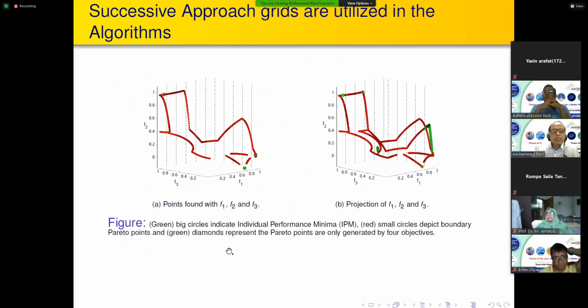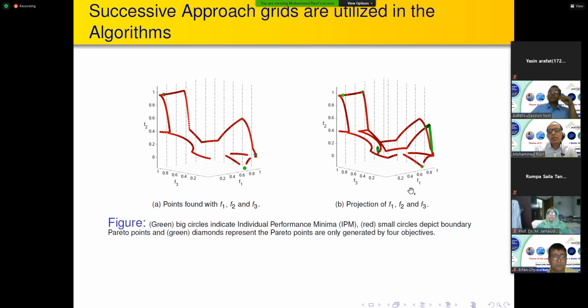You see that those are the results Vaidyanathan and Goel found during their NASA project. They say that even though they have 4 objectives, F1 and F3 collide; they are very close to each other, so they ignore one objective function, convert it to 3 objective functions, and then solve the problem. They say that that's the actual boundary of the Pareto front.